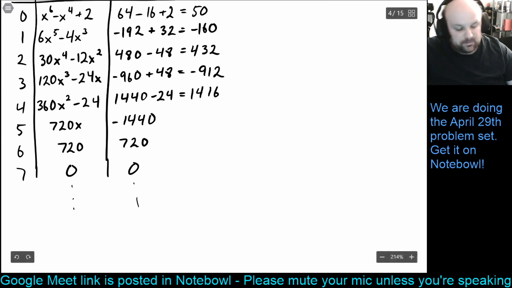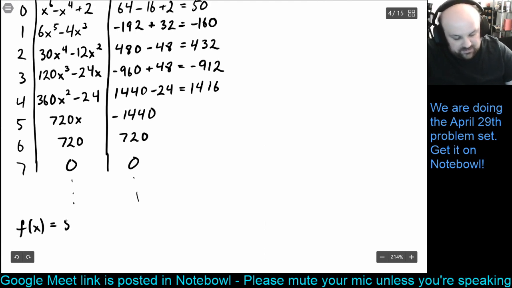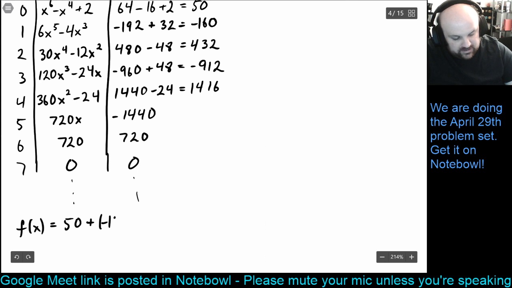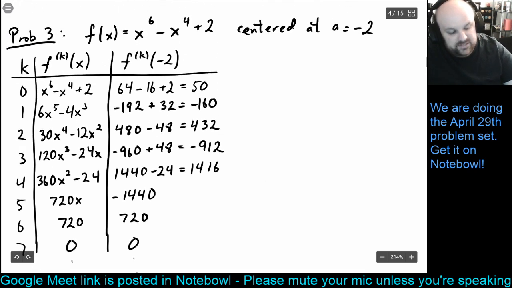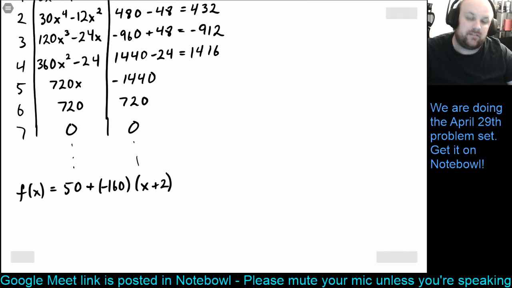So, as a Taylor polynomial here, f of x is going to be, we have the 0 term, which is 50, plus f prime, so -160, times x minus -2, so x plus 2. This is why we're getting all these weird numbers, right?